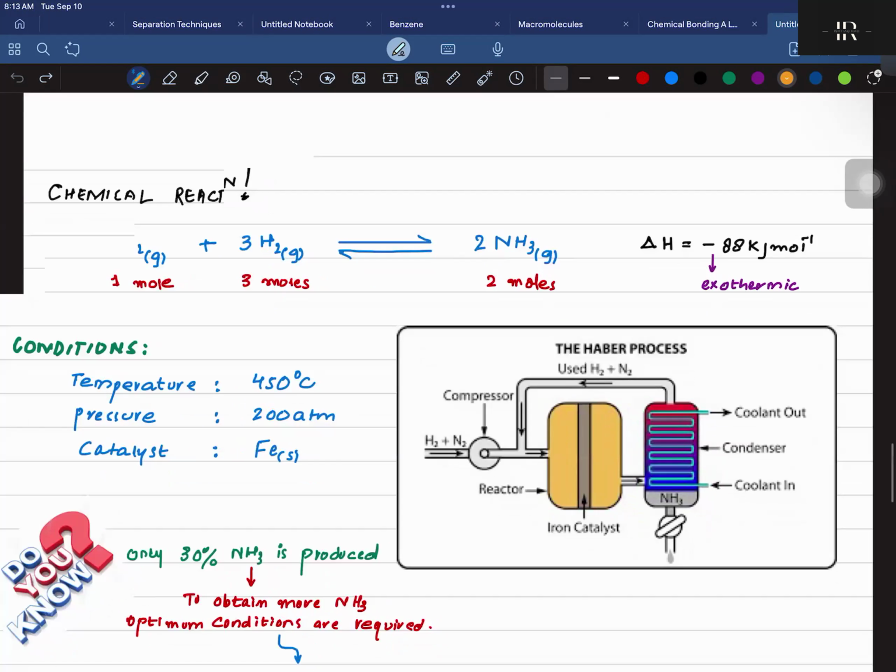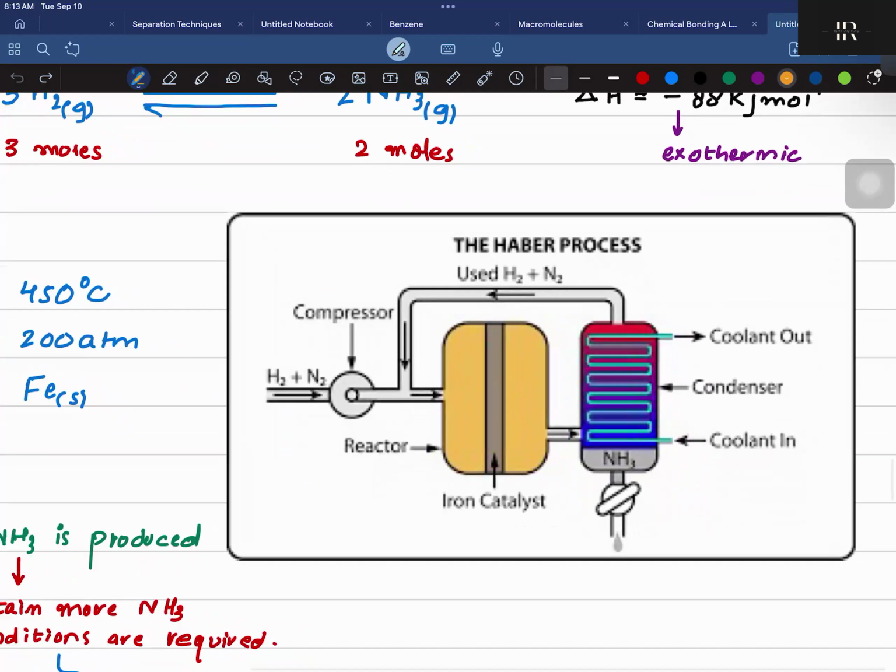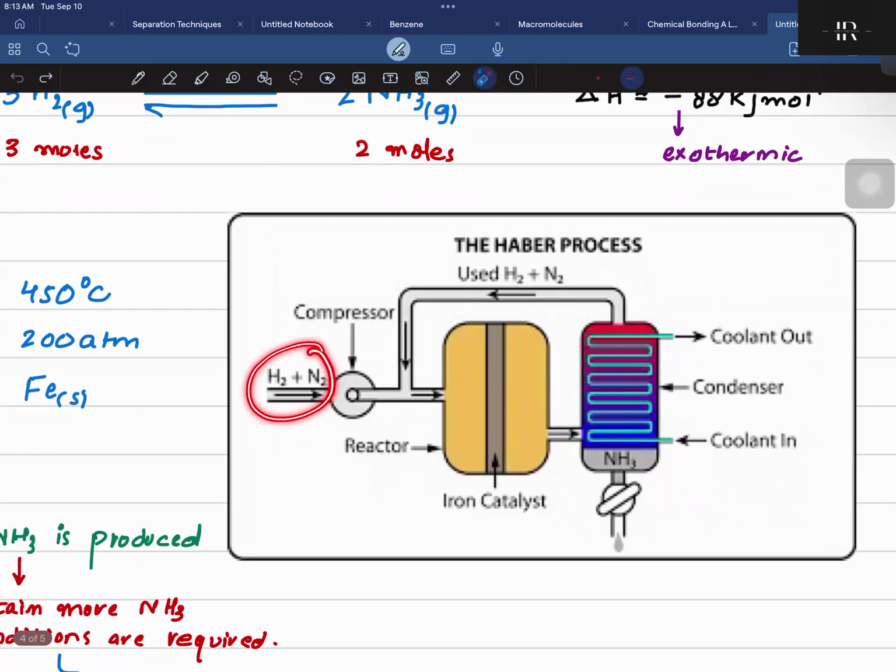Okay, this is a diagram for the Haber process. What we do basically, first of all, we enter hydrogen gas and nitrogen gas from the inlet. This is the compressor. And then they go into this reaction vessel.